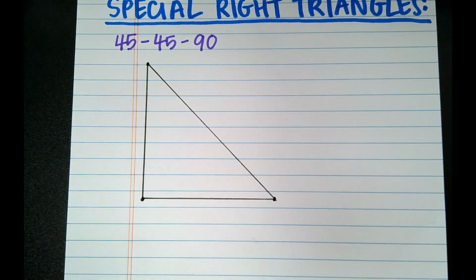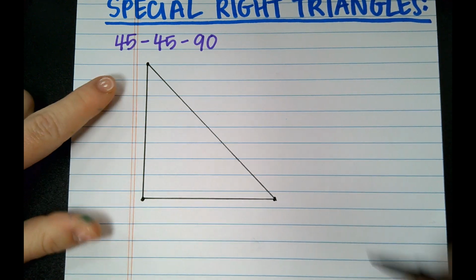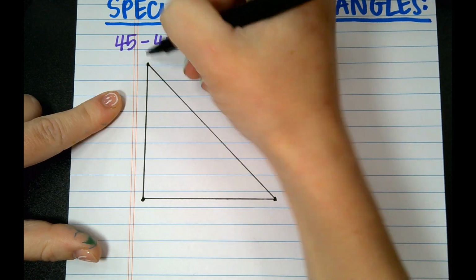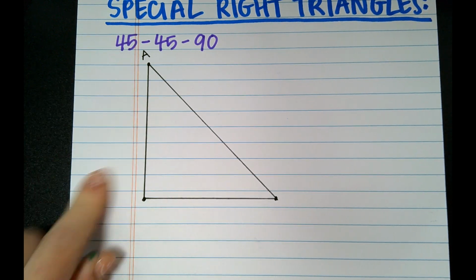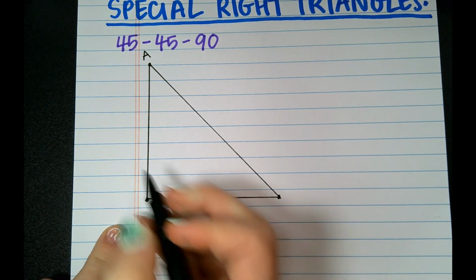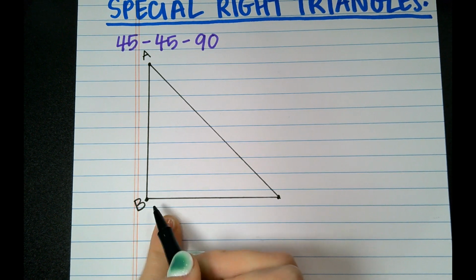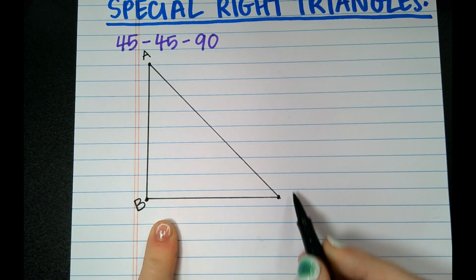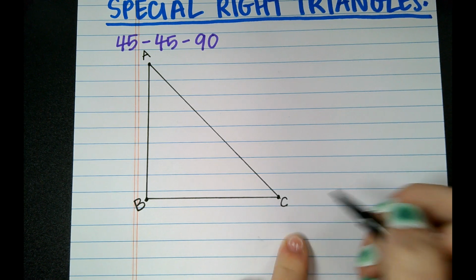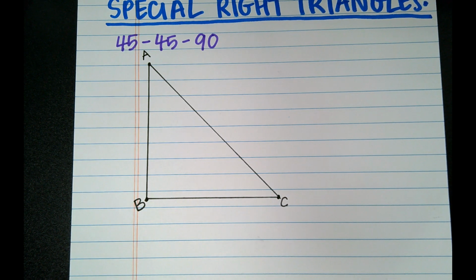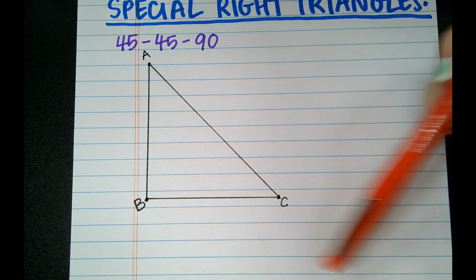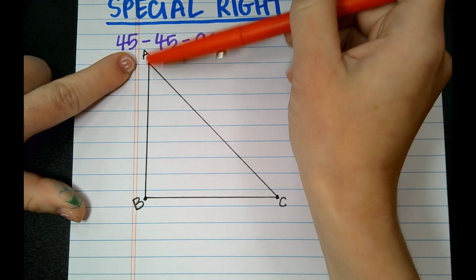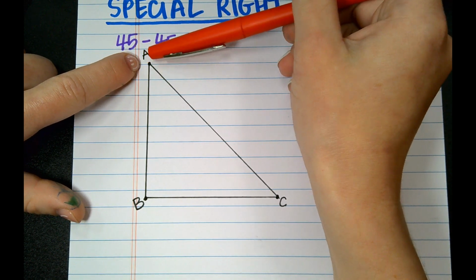Once we've got this drawn, we'll label the point at the top A. We will label the point at the right angle B. And the point on the bottom right side will be C. So whenever we talk about these angles, we can talk about them in terms of the letter that is labeling it.